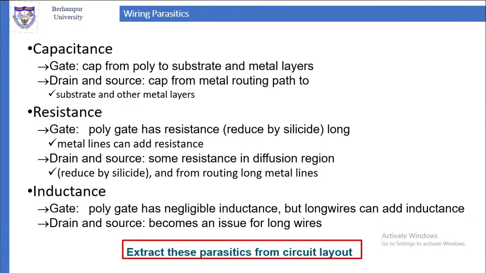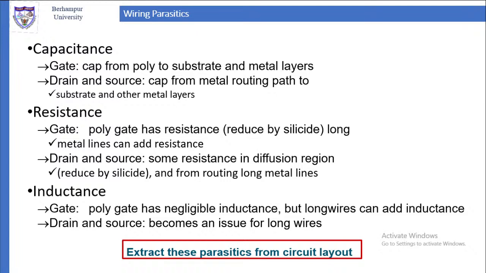It has negligible inductance, but long wires can add inductance. At the connection point you can have negligible resistance and inductance, but as you increase the length of the wire, that increases resistance as well as inductance. So long wires can have inductances.